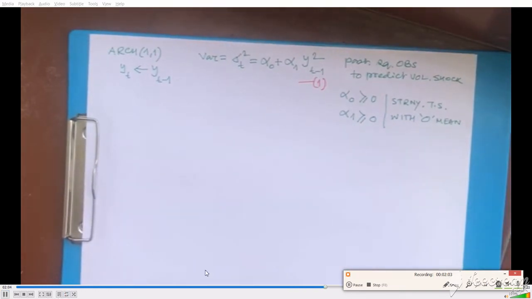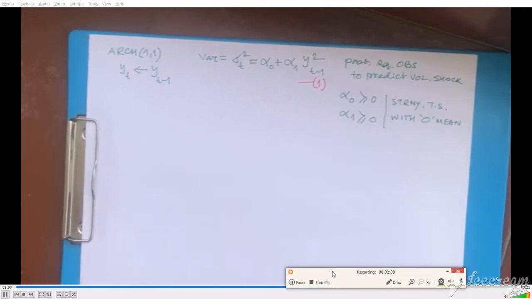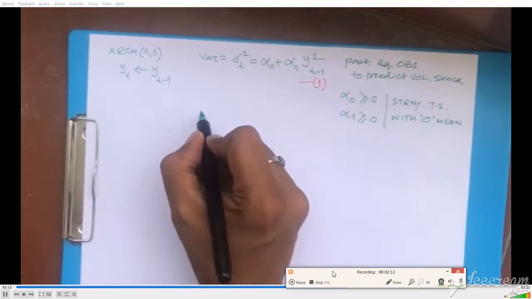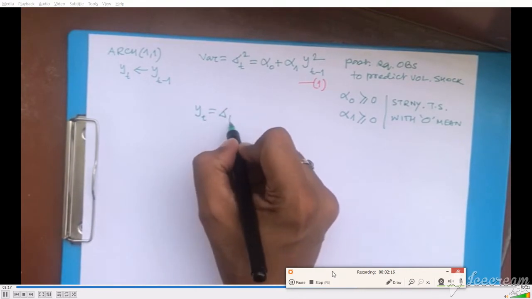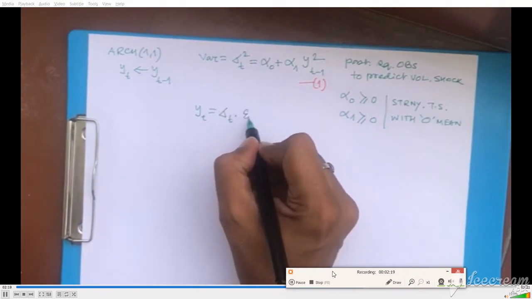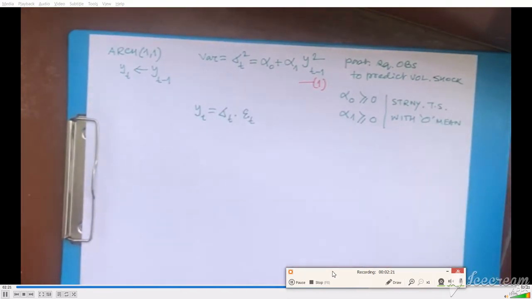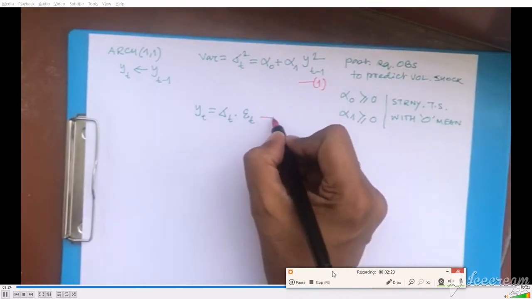Now we have to understand the combination of yt. How do we come to yt? So yt comes as a combination of the volatility and the white noise.